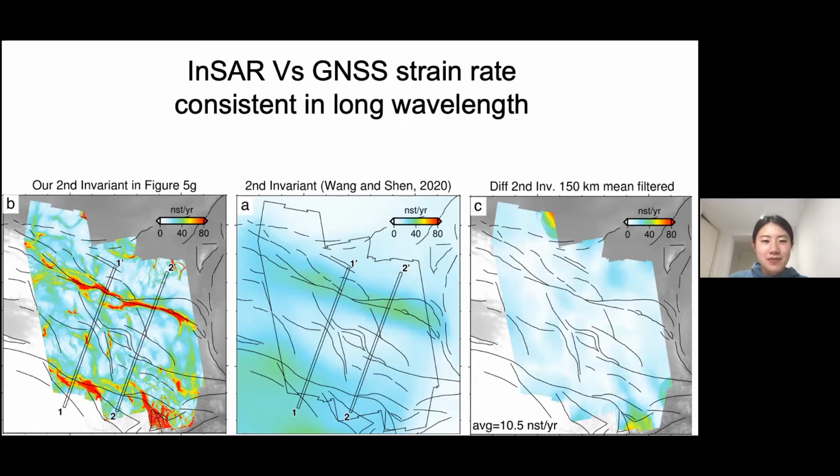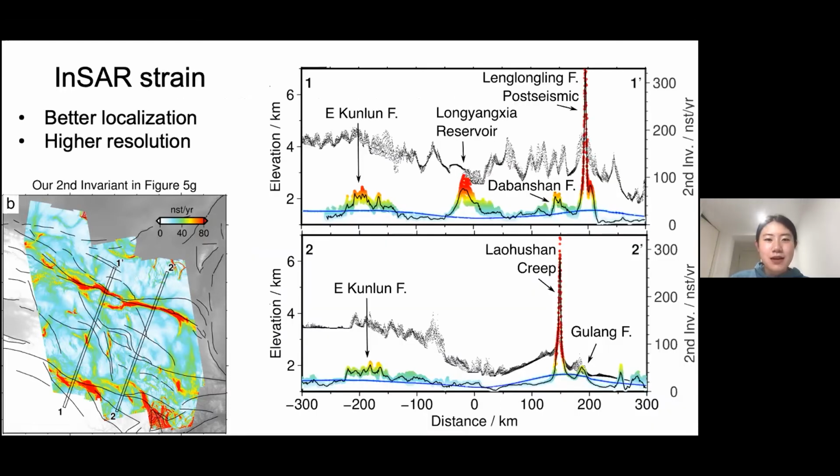which is about the level of uncertainty that we would expect in our strain rate field. If we then compare these two strain rate fields in profile, we can see that indeed they agree in the long wavelengths, but in the InSAR strain rate field, we get a better localization onto the fault structures, and we can see the strain distribution at much higher resolution.